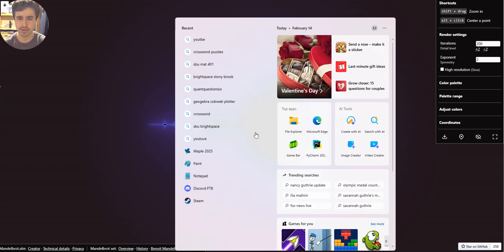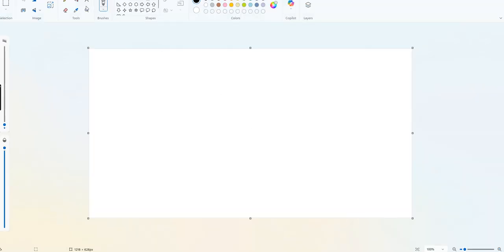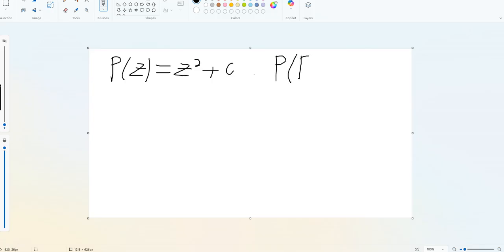I guess real quick, let's talk about what the Mandelbrot set is, and then I'll talk about what I do. The Mandelbrot set is pretty much, let's say we have this polynomial, z squared plus c, right? The point is that we can take iterates of this. So you can do p of z, and you can keep iterating.